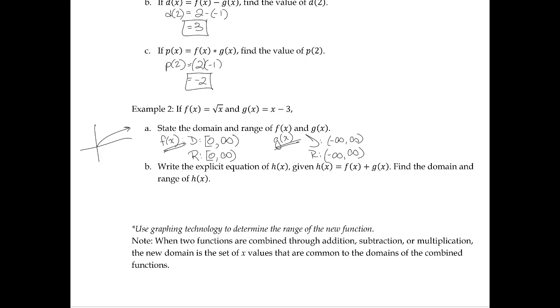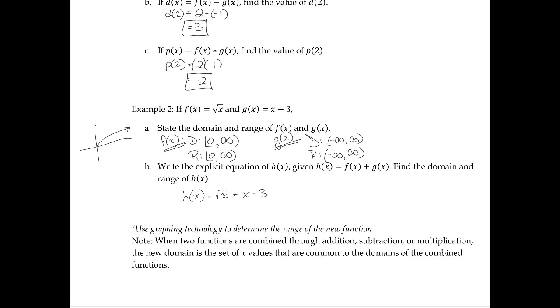Write an explicit equation for h of x, given if we're adding them. So if we're just adding them, then we could literally just write it as this plus this minus this. Okay, so remember f of x, g of x.